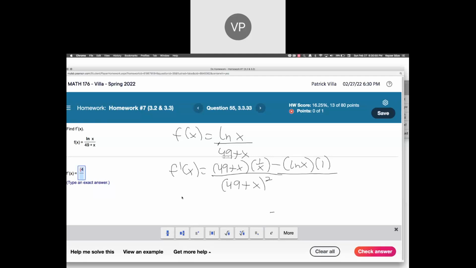We have 49 plus x times 1 over x minus ln x times 1, all over 49 plus x squared.